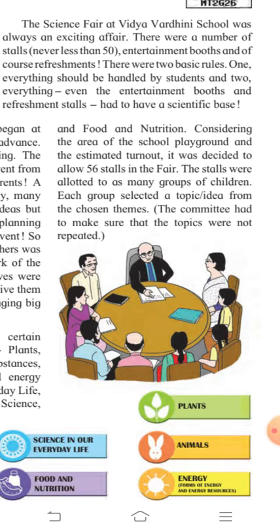Your assembly hall or maybe hall, even the playground, wherever it is, correct? So when you are putting these stalls, you have to decide a proper place so that all the people can come and visit at the same time and same place, right? So even here what was decided, the school playground was decided to be used for the science fair. And estimated turnout, estimated means what?